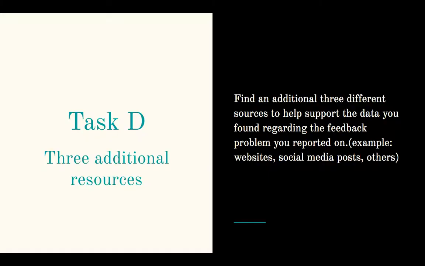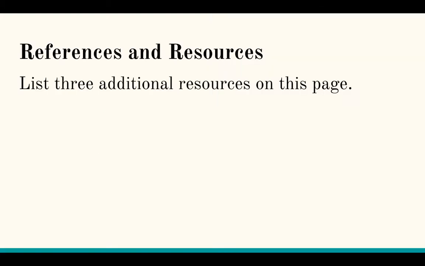Part D is our last part here, and this is 3 additional resources. As you've gone through and done your research, hopefully you've come across some other scholarly resources that you can link here to show that you are getting information that you've researched. I don't have an example for you there, but I need you to include those 3 additional resources.